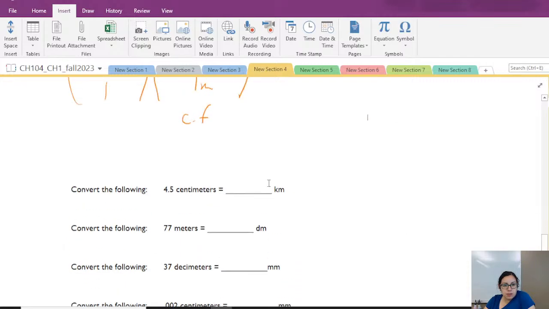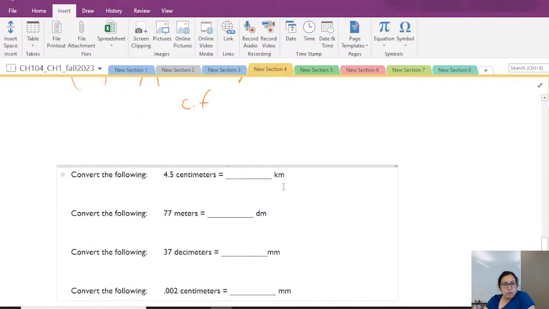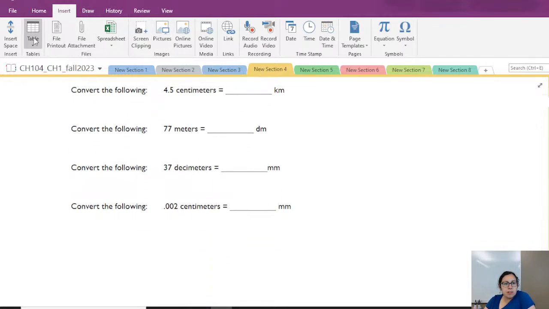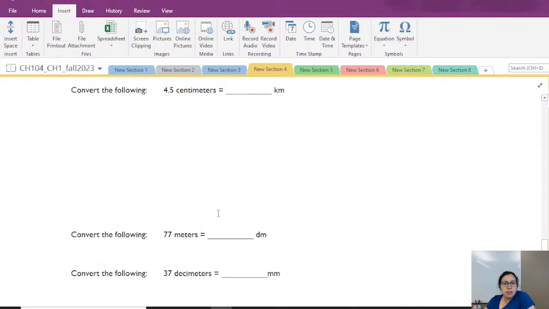All right, who wants to do the next one? So 4.5 centimeters to kilometers. This could be a trickier one.